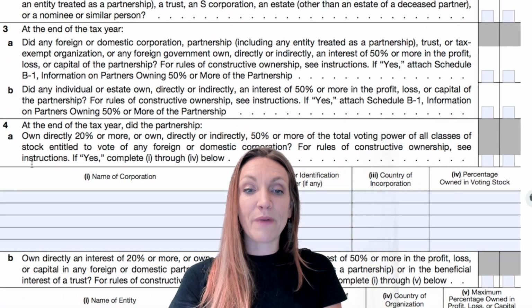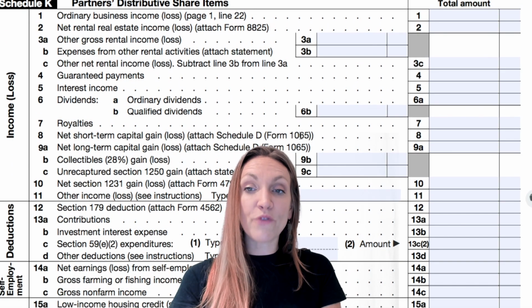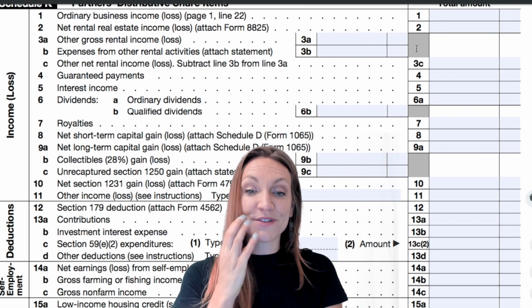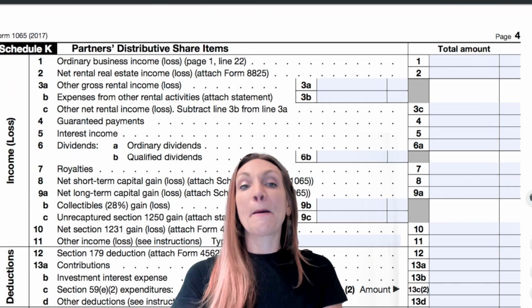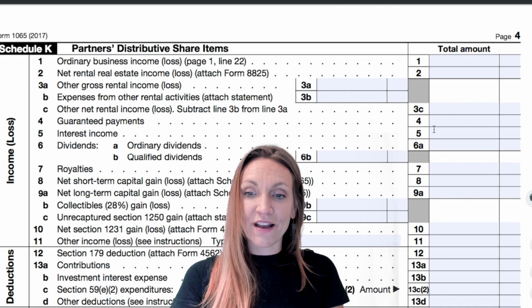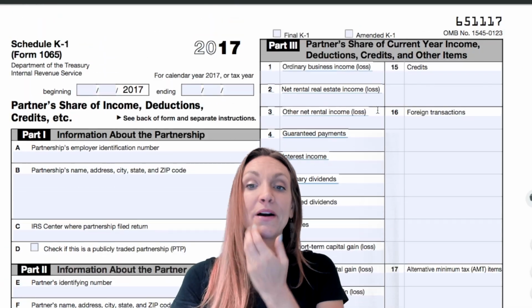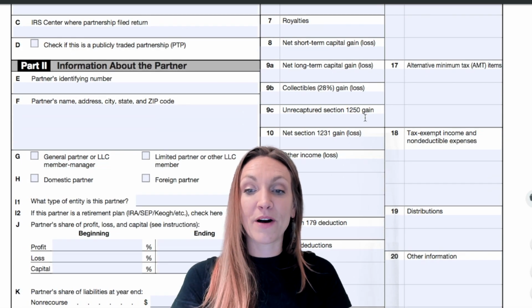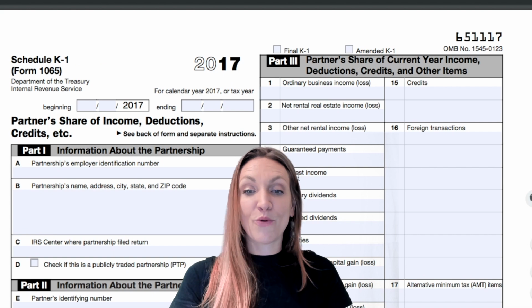Now the next few pages are a bunch of questions, and then page 4, this is where all those amounts are then re-reported in different groups, and this Schedule K matches lines 1 through 20 here in part 3 on your Schedule K-1. So that's because everything's reported separately.